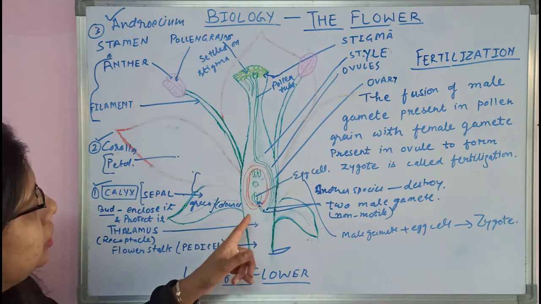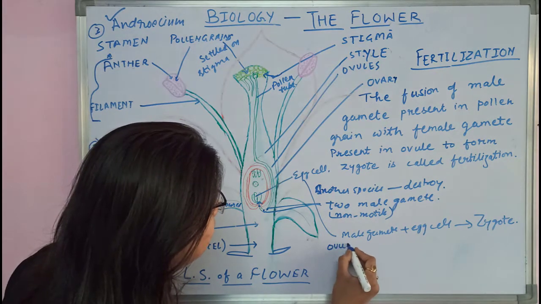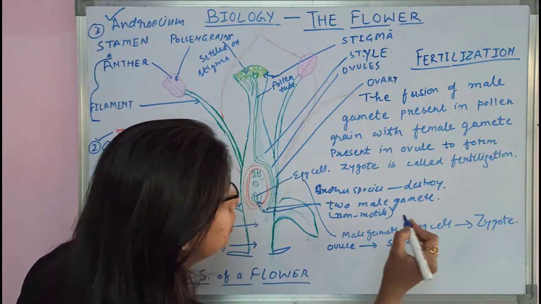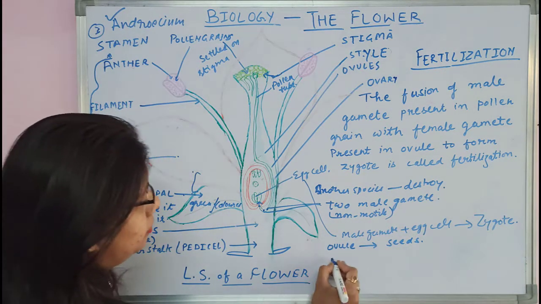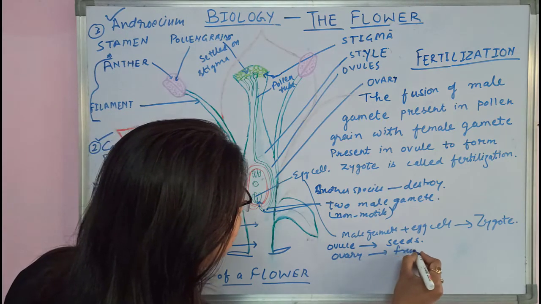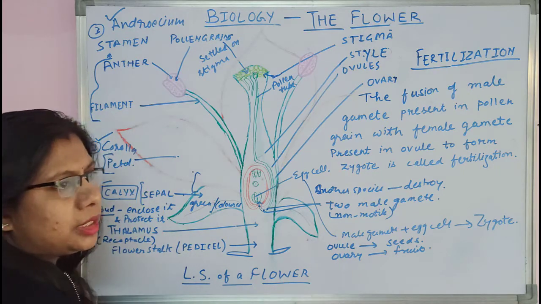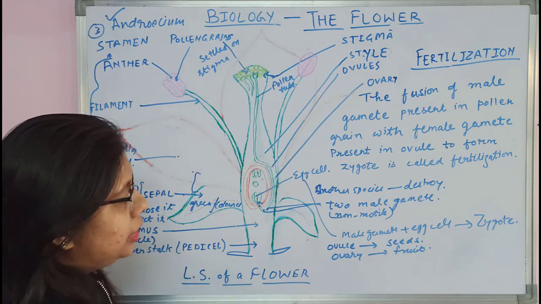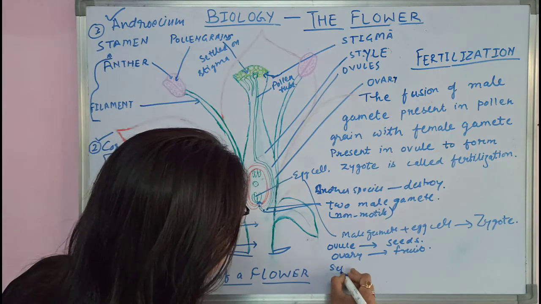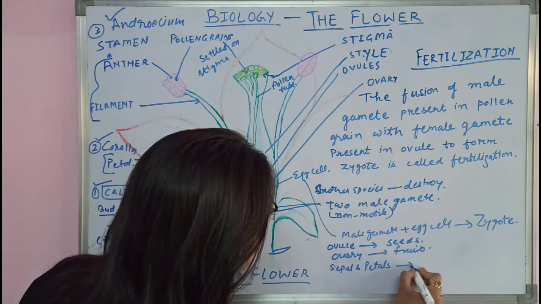Now see what happens after fertilization. The ovule present in the ovary develops into seeds, and the ovary develops into fruit. Not in all cases, but in some cases it develops into fruit, and in other cases into different forms. And what happens with sepals and petals?